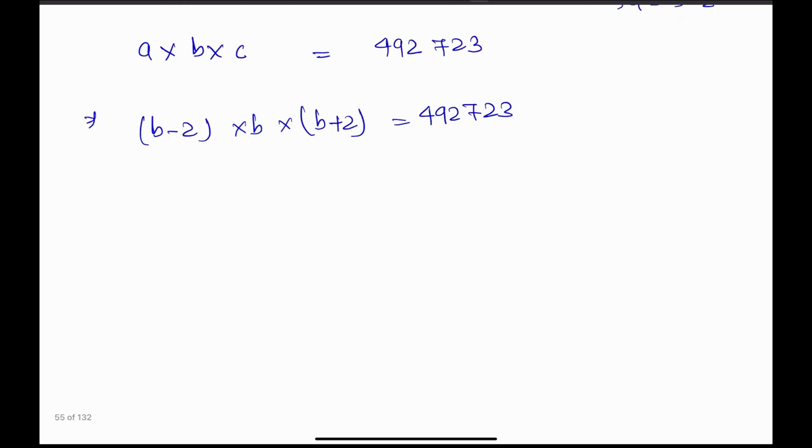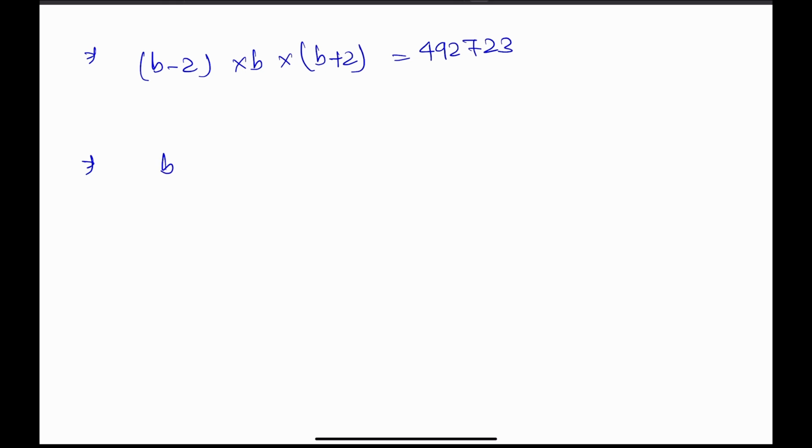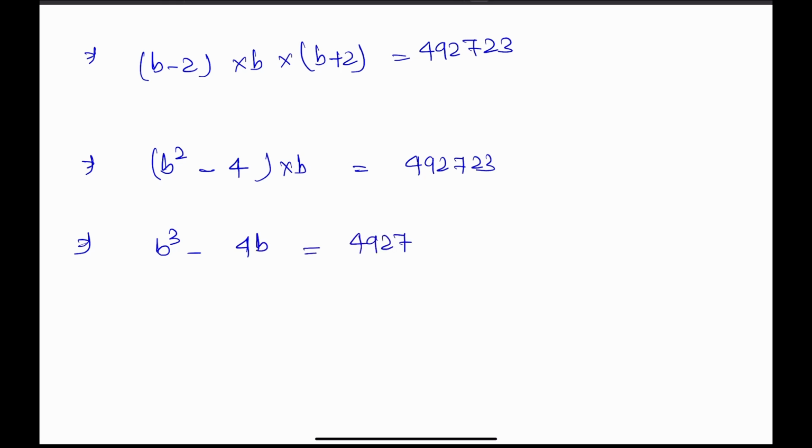492,723. Again it will be b square minus 4 into b equal to 492,723. It will be b cube minus 4b equal to 492,723.